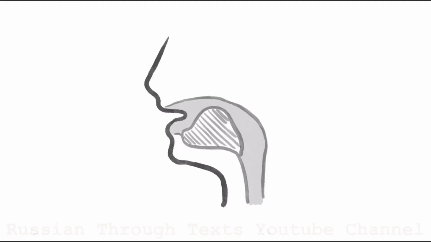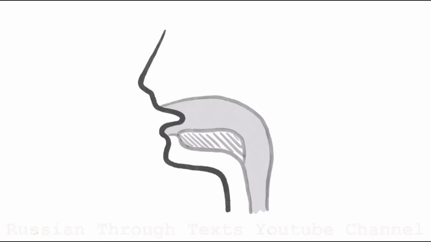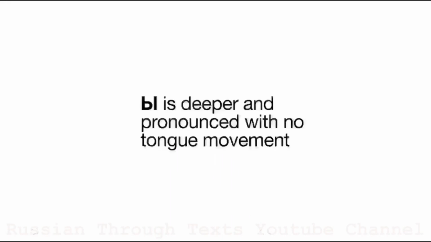And when we are pronouncing the Ы sound, we have this position of the tongue, so you must have it relaxed, as if you are silent and your tongue doesn't move. As you can see in the slide, Ы is deeper and pronounced with no tongue movement. So relax it and remain silent for a minute.